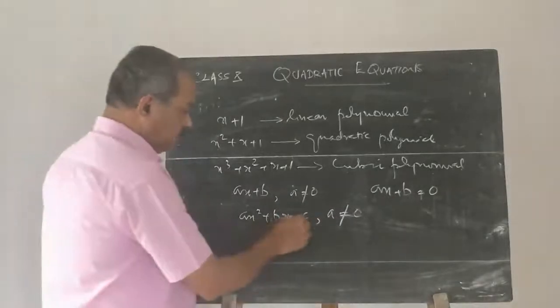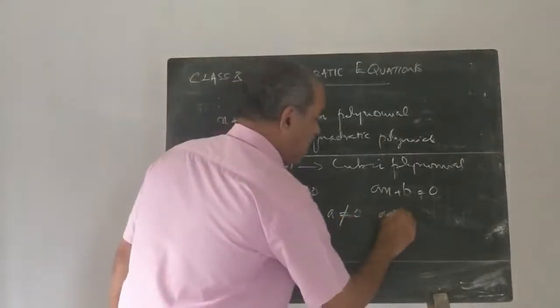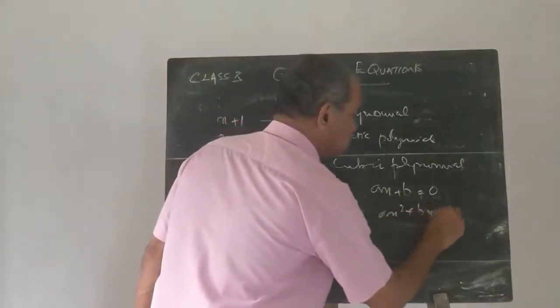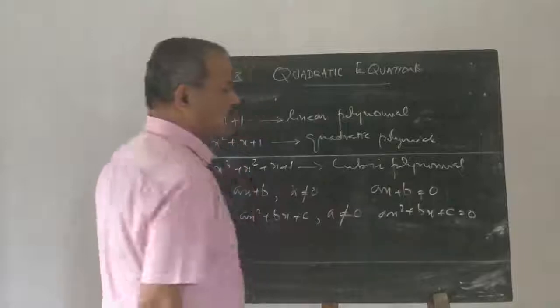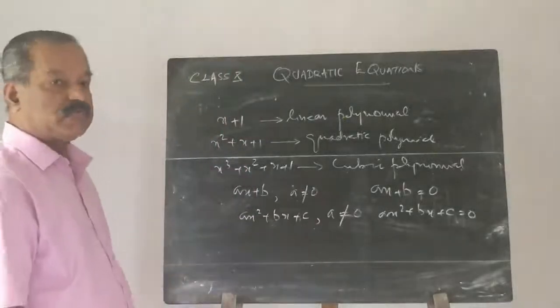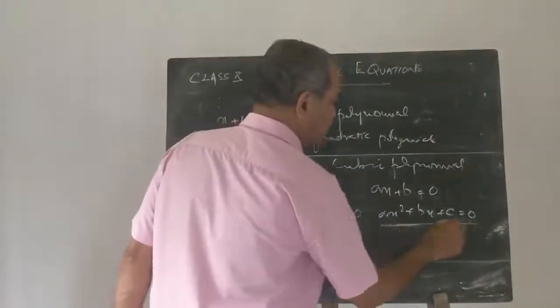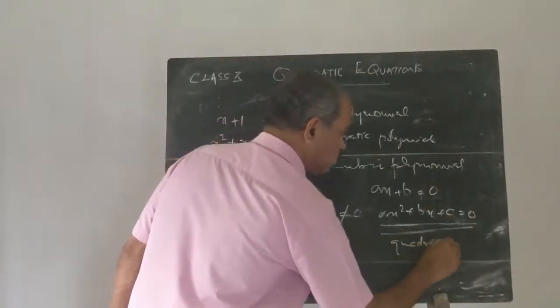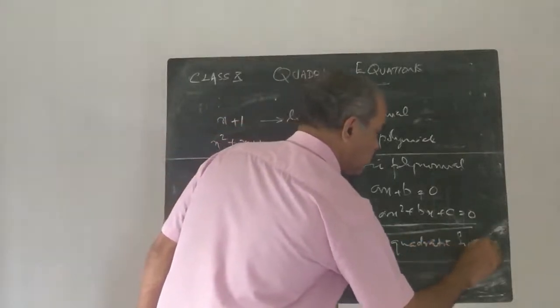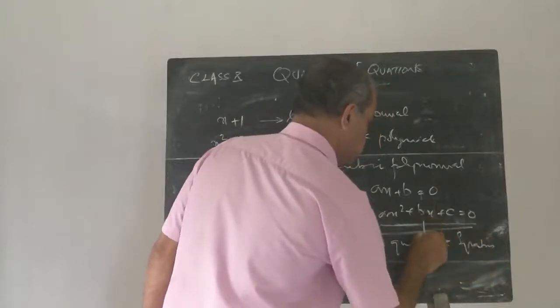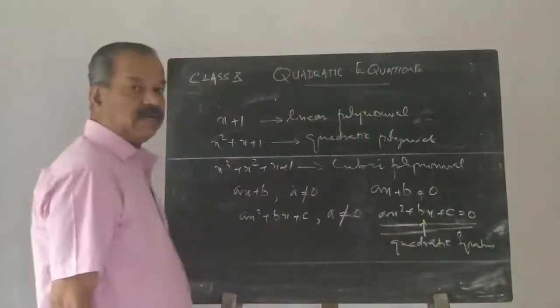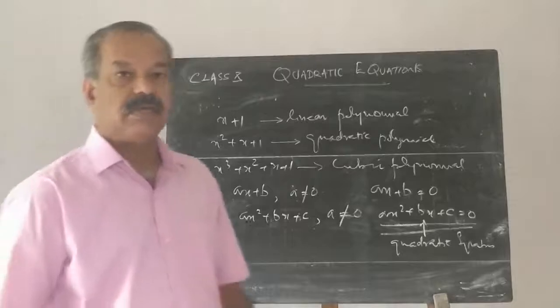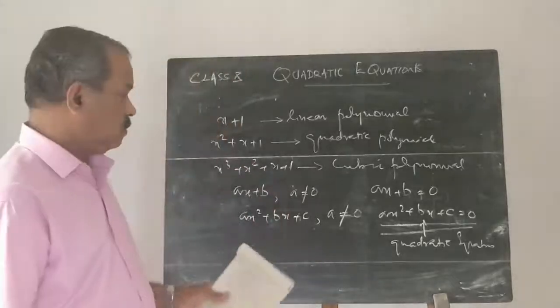Now, let us consider this standard form: ax square plus bx plus c. If ax square plus bx plus c equals 0, we get a quadratic equation, or second degree equation.